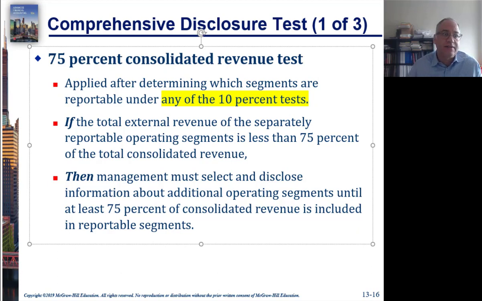It might mean that you have to take a segment that doesn't meet any of the 10% tests and put it in there anyway, because it's going to push you over 75%. But what the FASB doesn't want is a huge other category that makes up like 50 or 60% of your revenue. So this is a complicated process that requires a lot of judgment.